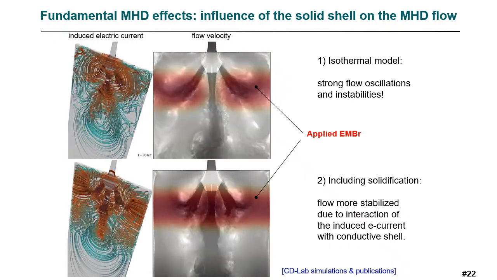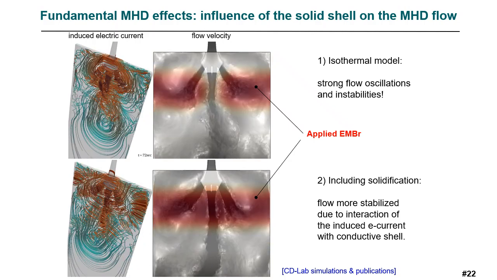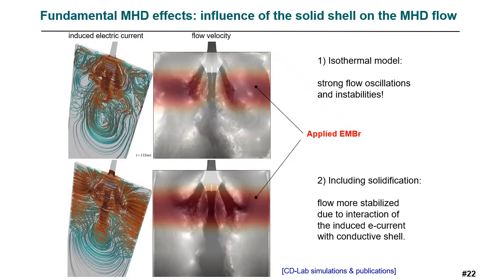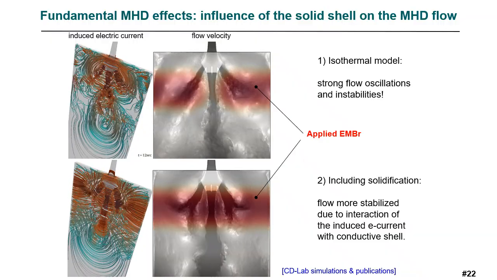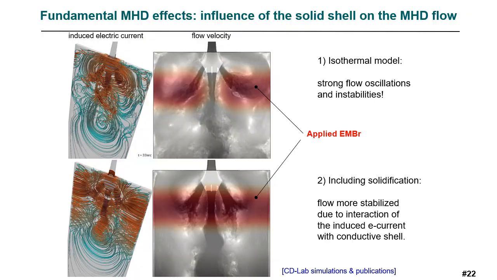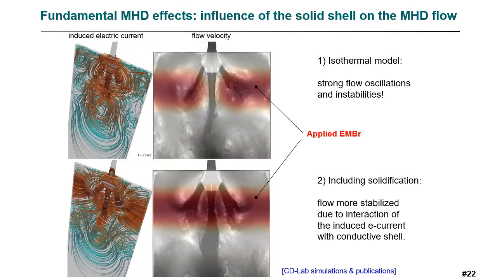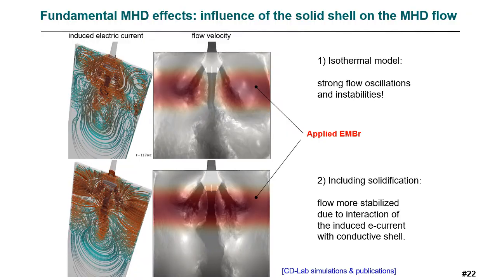We also granted intensive attention to the interaction of the induced electric currents with the solidified shell. As you can see from these very representative animations, the role of the semiconductive solidified shell cannot be neglected, and it strongly alters the turbulent flow inside the continuous casting mold.